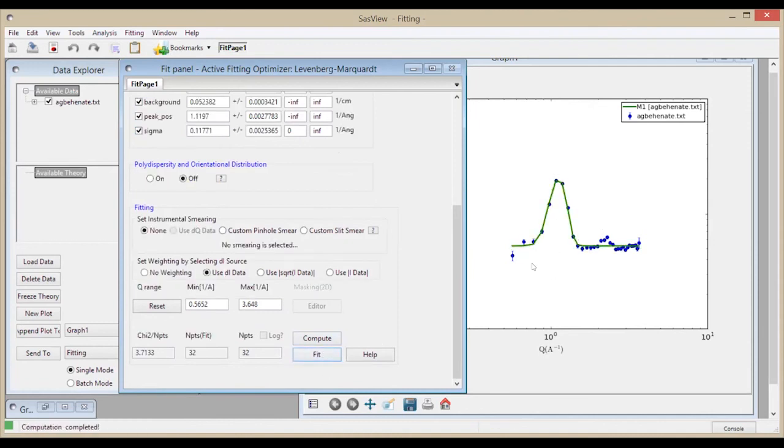What we see is that the first point here goes down. There is nothing wrong with this. It is bad data, because it was very close to the beam stop. So in fact, this point should be neglected, the same as the last 2 points.